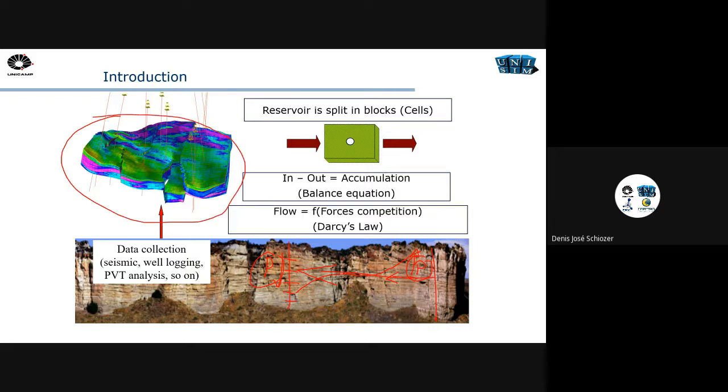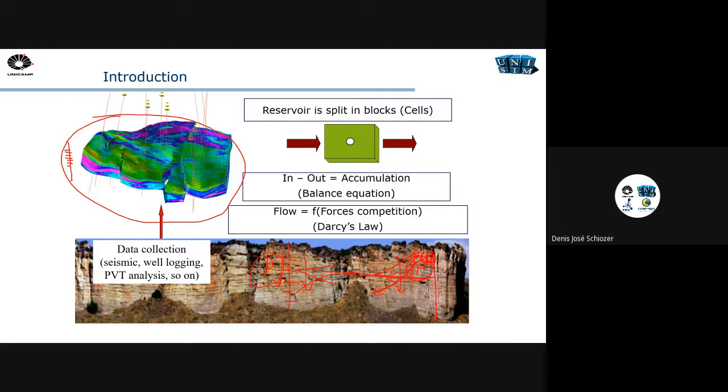And also the fluid is moving because of gravity. For example, if I inject water here, and the water is heavier than the oil that's in the reservoir, like in the pre-salt field, for example, the water will not move only horizontally. The water will move a little bit horizontally, but also vertically. That's why we need to have a much better representation in the vertical direction here, because the water sometimes is moving vertically.